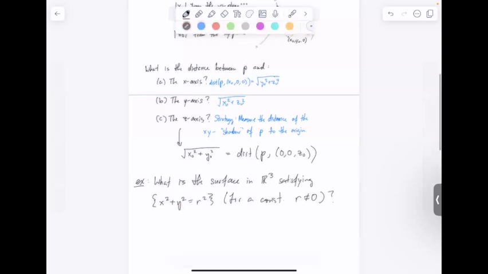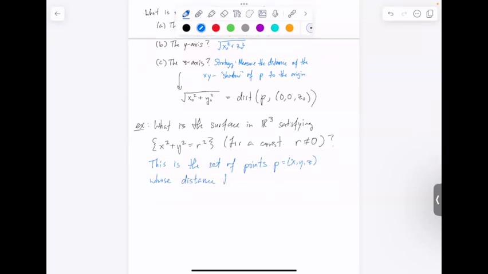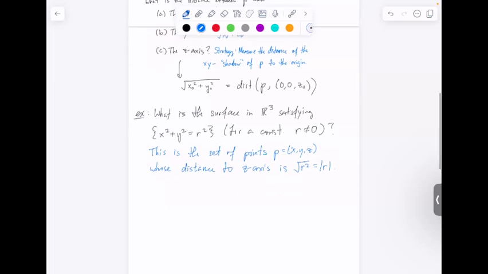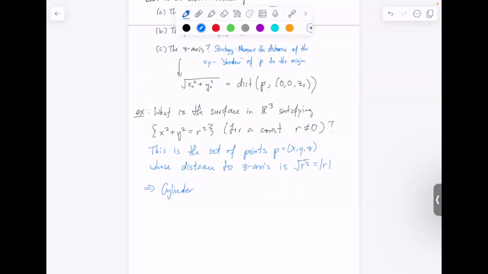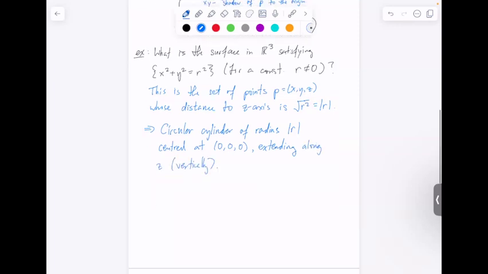So this is the set of points P whose distance to the z-axis is the square root of r squared, which is r. So what is this? This is a cylinder. I'll specify: it's a circular cylinder of radius r, centered at 0, 0, 0, extending vertically along z. So as a diagram, let's draw this.